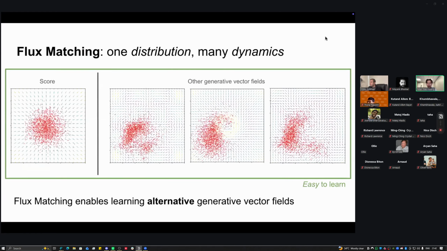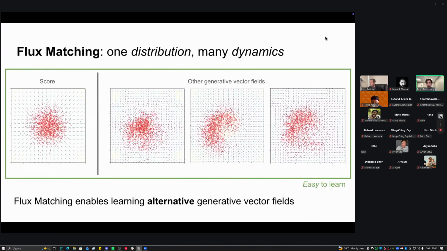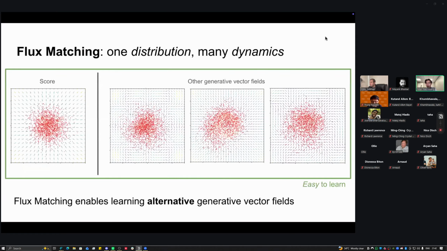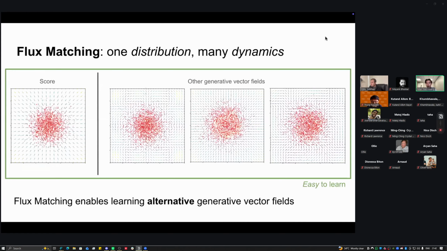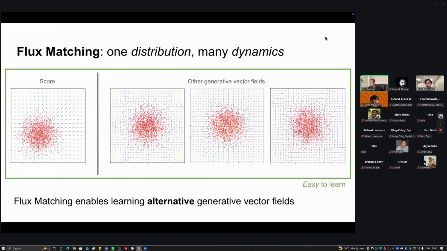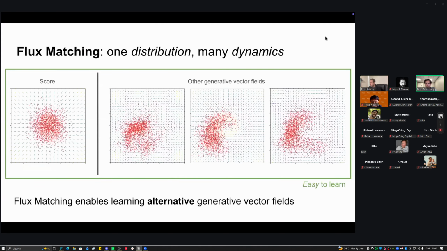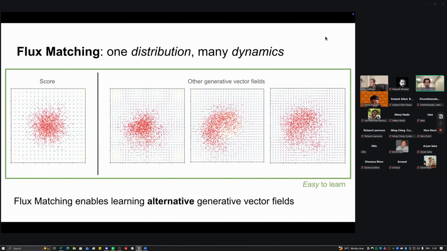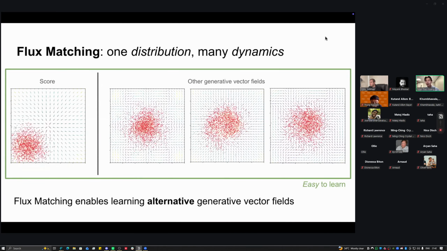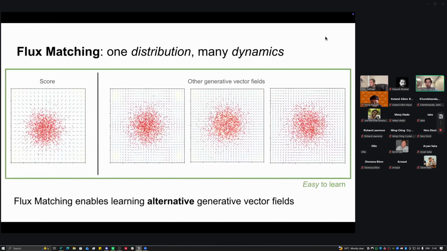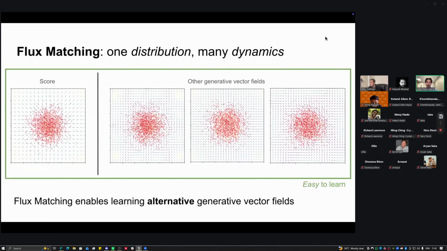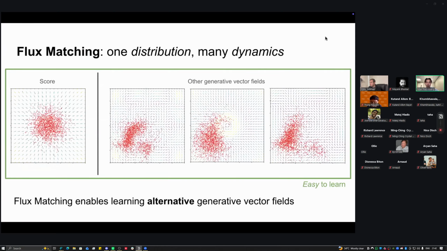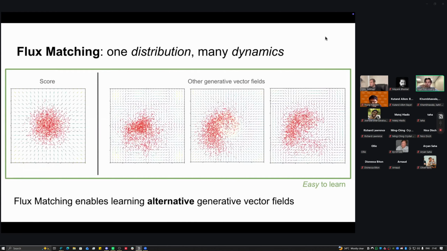Yeah, I think this goes back to the meta goal of generative modeling. There are different inductive biases, structures, or priors we might have about the dynamics of how we generate data. You can imagine, at least within single cell biology, that we have gene regulatory networks that could be represented by some type of ODE or SDE.